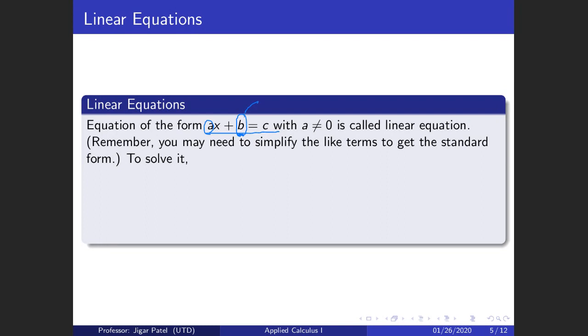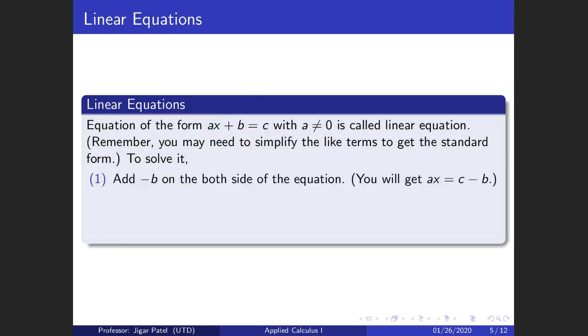Add negative b on both sides of this equation. That will remove b from the left side and send it to the right side. The equation will look like this: ax equal to c minus b. So we got rid of one number.